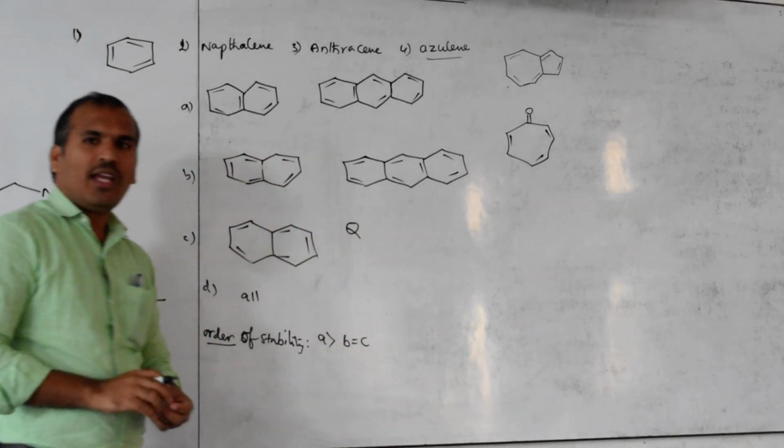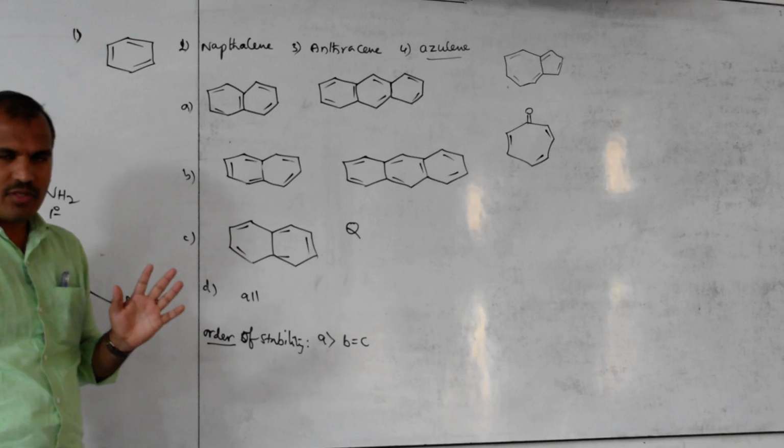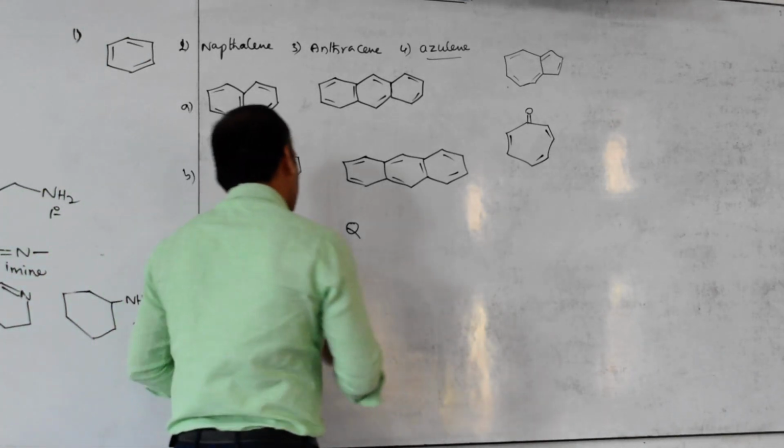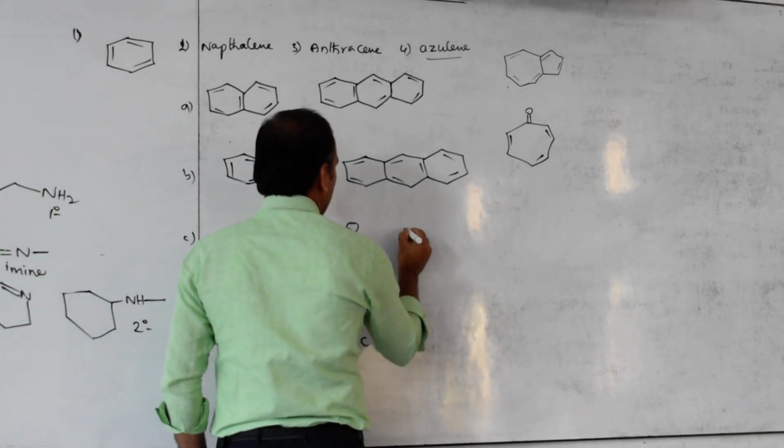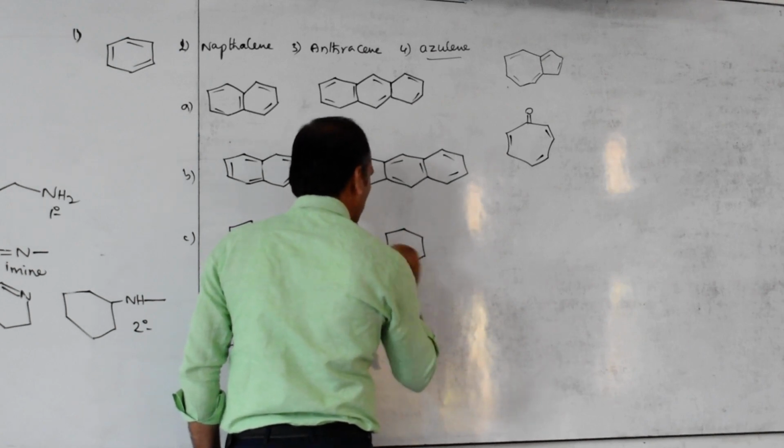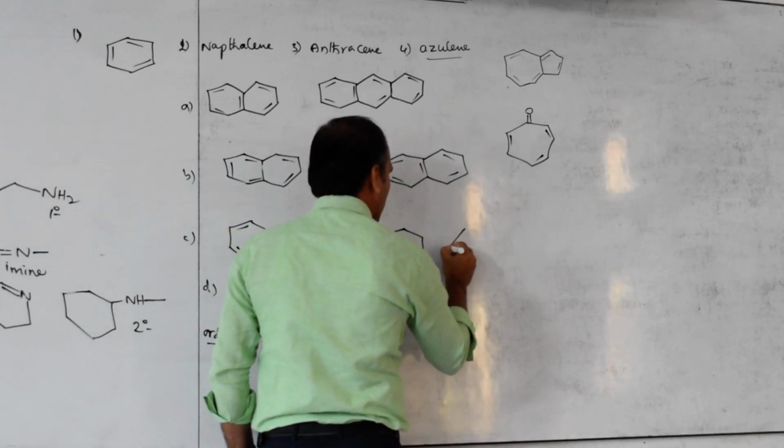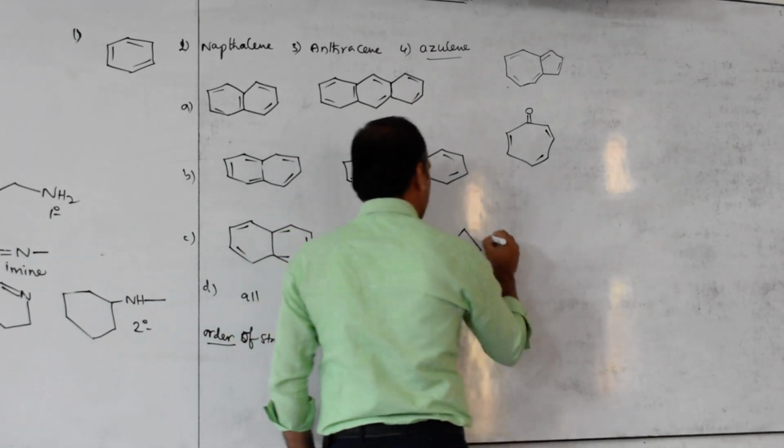Which of the following is homocyclic? Which of the following is homocyclic? Now, I am not giving A, B, C, D, just come like this one.